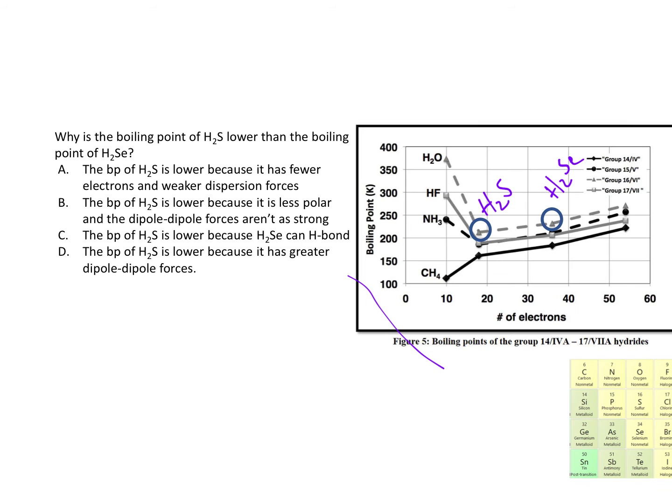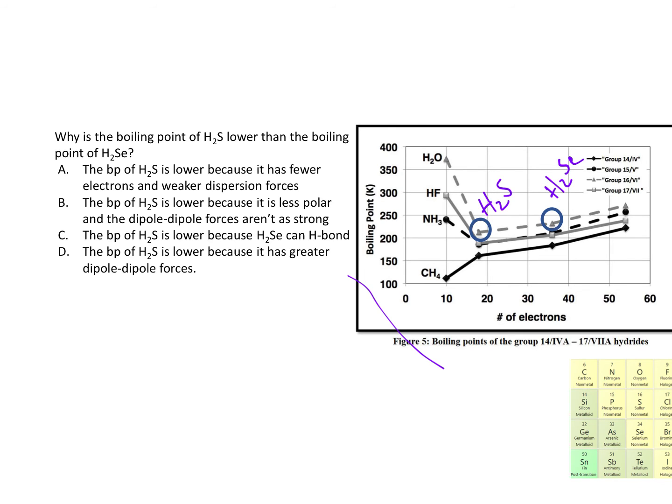Okay, so why is the boiling point of H2S lower than the boiling point of H2Se? So the sulfur hydride versus the selenium hydride. Anyone?